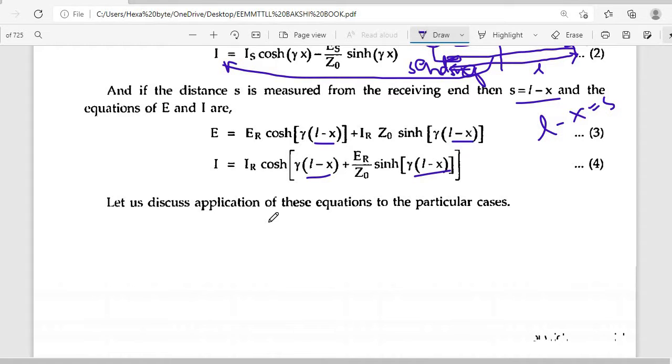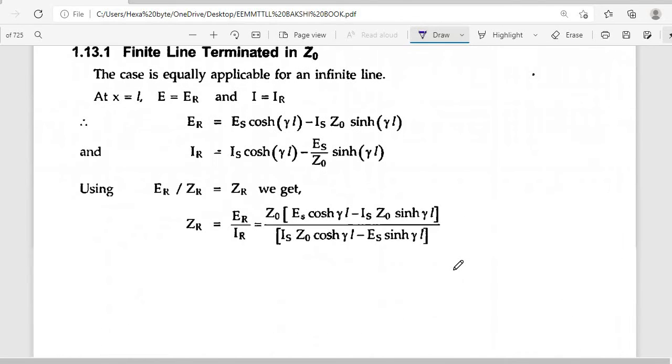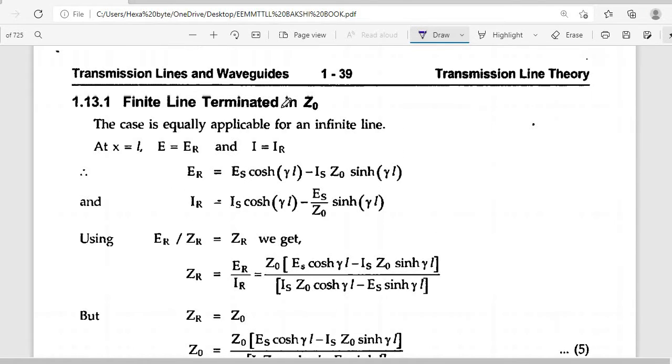Let us discuss application of these equations to the particular cases. Now, finite line terminated in Z0. In this case, x is equal to L, E is equal to ER, I is equal to IR.